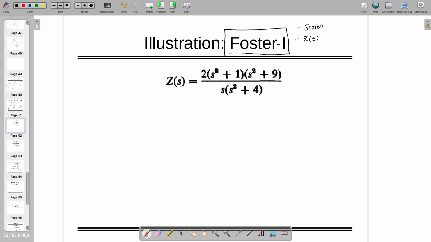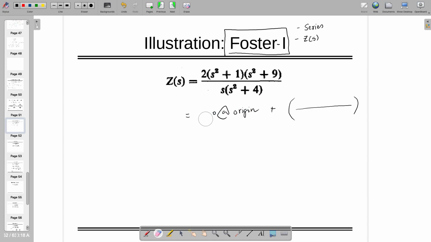It has a third order denominator and the numerator has fourth order. So it means that you should have some 0 at origin or some value. You should have 0 at origin plus the rest of the things, where numerator order and denominator order will be the same.